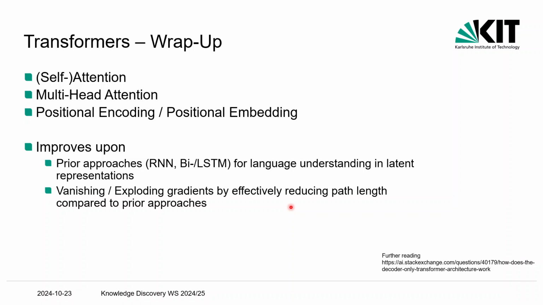And the attention gives us more of a context and tells us how important certain parts are, or how certain words relate to each other. So what transformers did historically is that they improved upon prior approaches for language understanding and latent representations, and they helped mitigate issues regarding vanishing and exploding gradients by effectively reducing path length compared to prior approaches for the information flow.